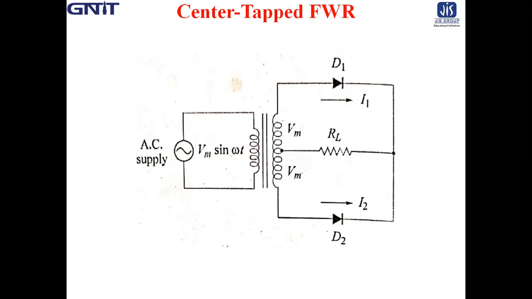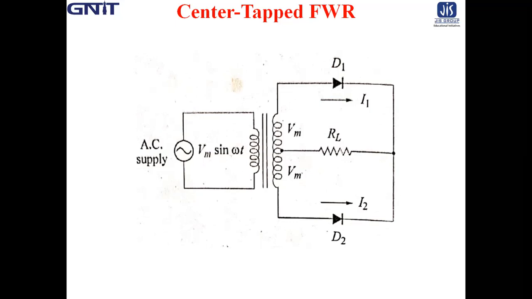And we also determined the rectification efficiency, which is 81% for the center tap full wave rectifier, whereas it was 40.5% in the half wave rectifier.